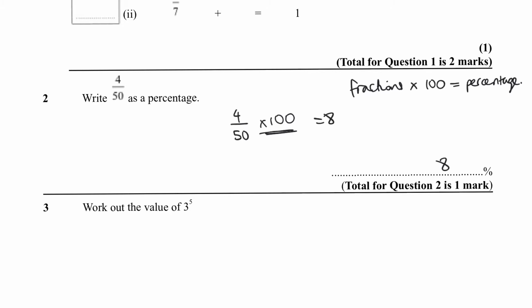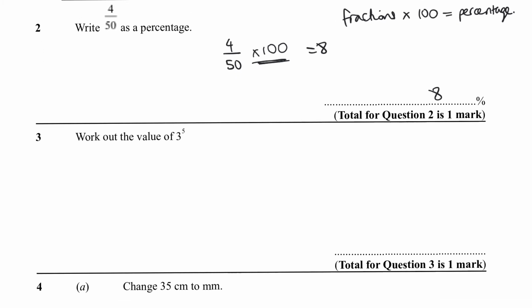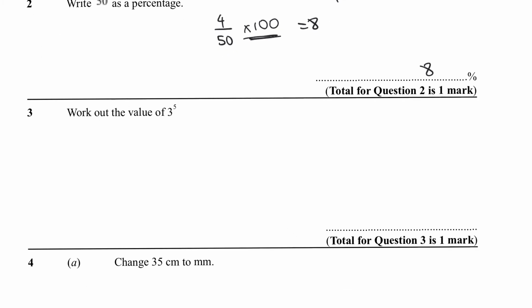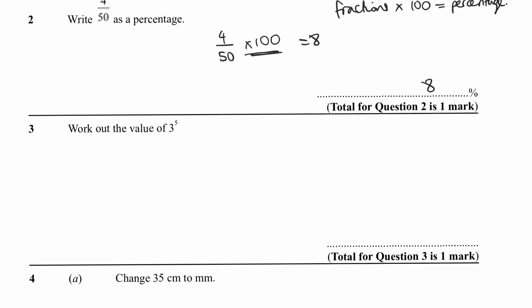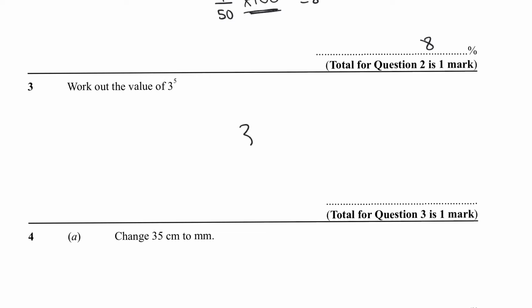So it's 8%. Then it says work out the value of 3 to the power of 5. So literally you would put into your calculator 3 to the power of 5, and that would leave you with an answer of 243.